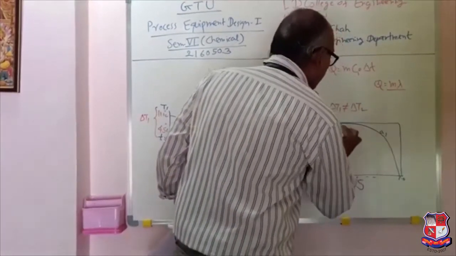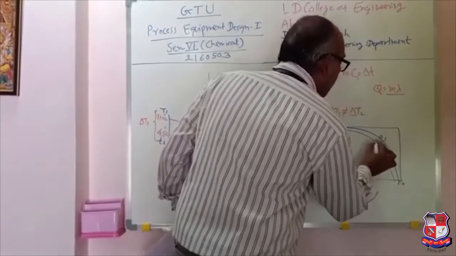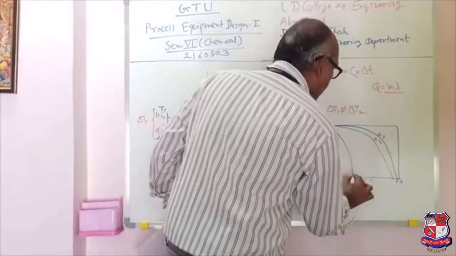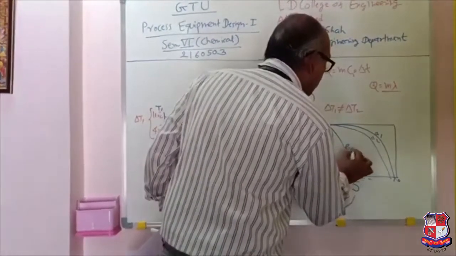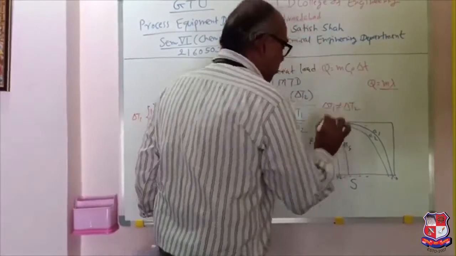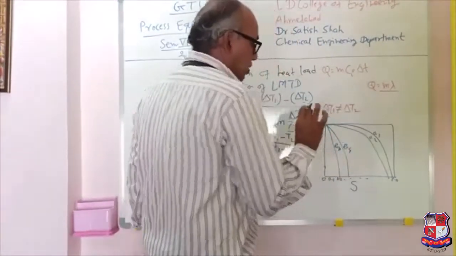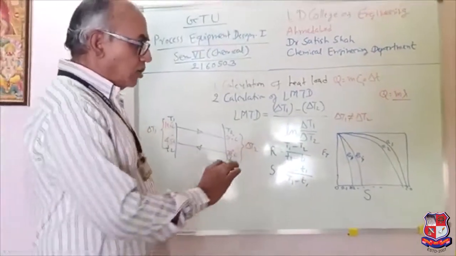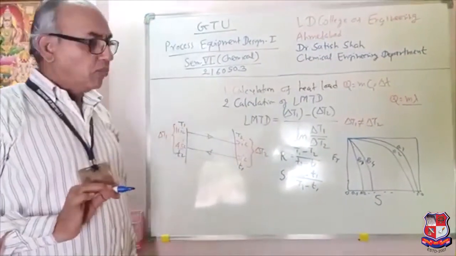So this is 0.1, 0.2, like this. Here I will say, suppose R is equal to 4, R is equal to 10, like this, 15, 20, so many. So this chart nomograph is available in the book.